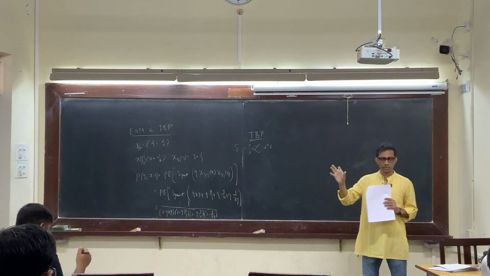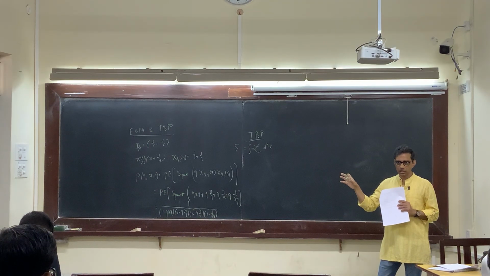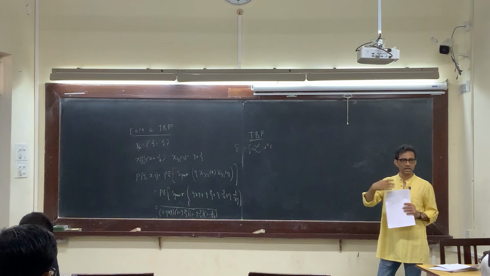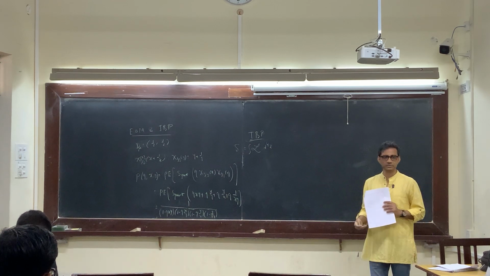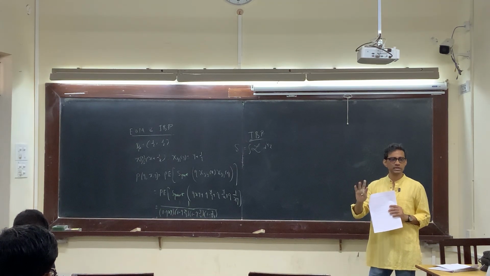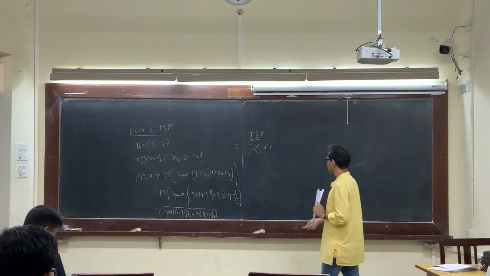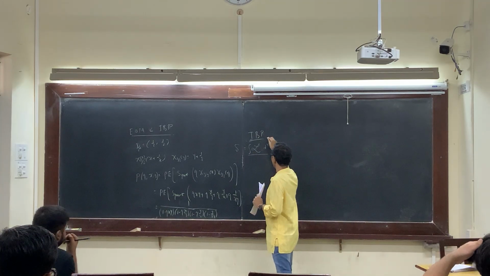When we write these operators inside the action, they are basically a space-time integral. If some space-time derivatives are acting, then you have the freedom to do integration by parts.